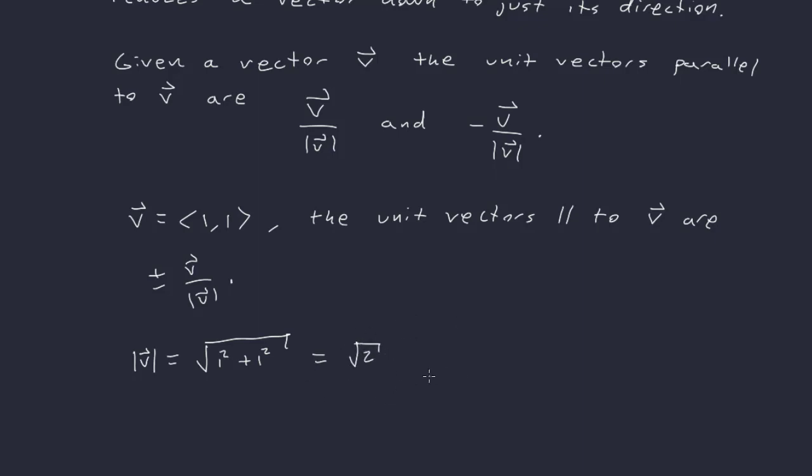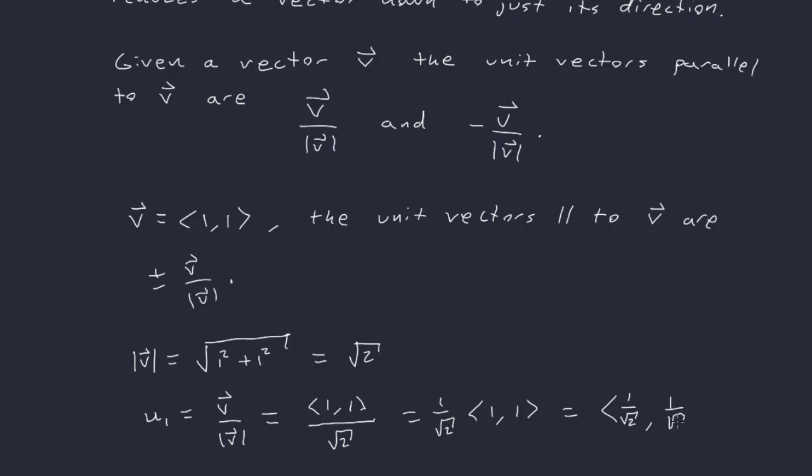Now I'm just going to leave that like that for now, because our unit vectors, and I'll do u1, will be v divided by this magnitude. Okay, so that's going to be our vector, which is 1, 1, and we're dividing it by the square root of 2. Well, this is technically scalar multiplication, because this is 1 over root 2 times 1 comma 1, which will be 1 over root 2 comma 1 over root 2.